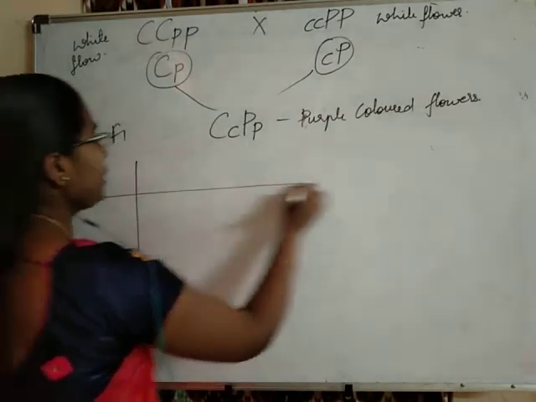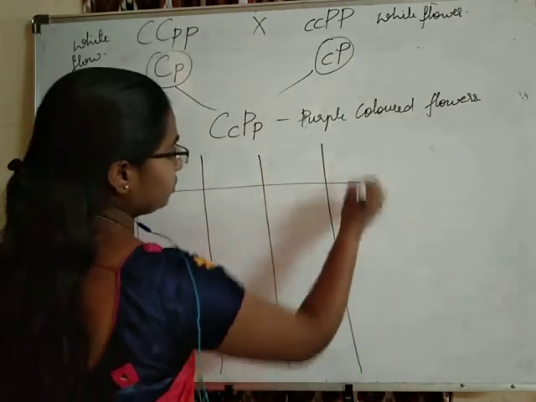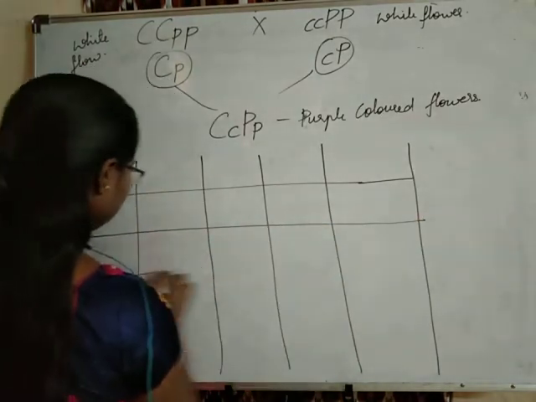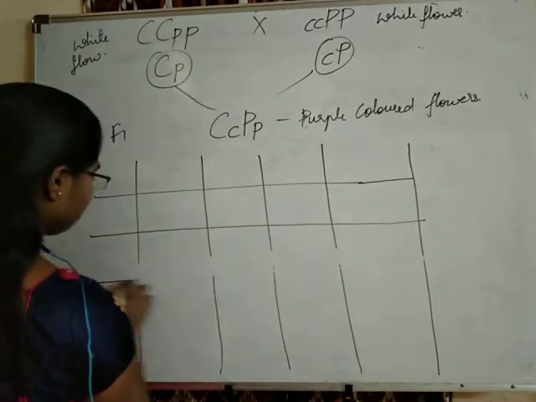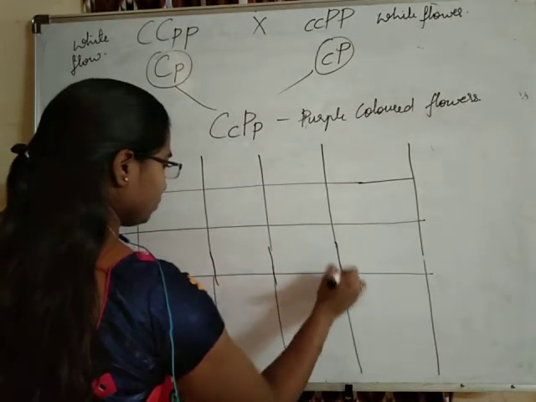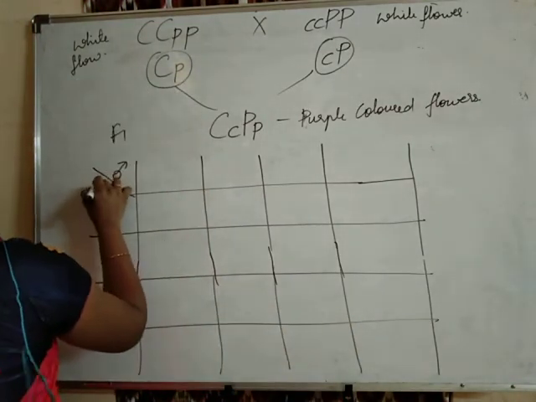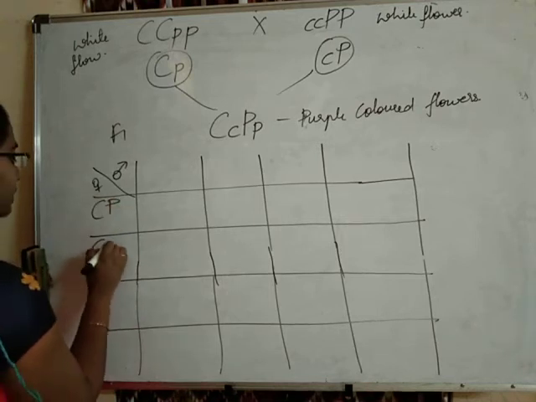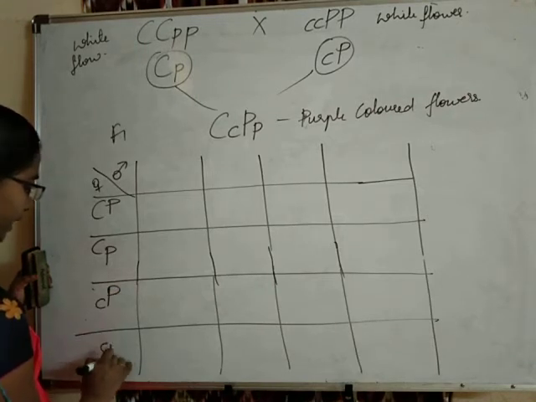So, here I am going to write the possible types of gametes. The possible types of gametes will be capital C, capital P; capital C, small p; small c, capital P; small c, small p.